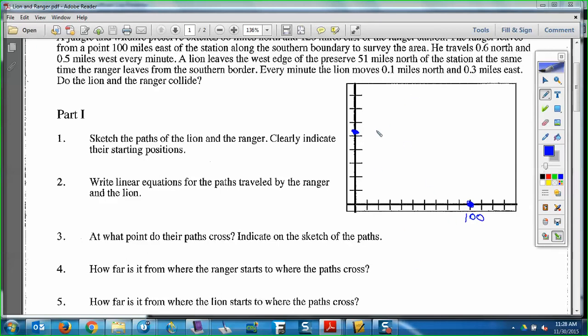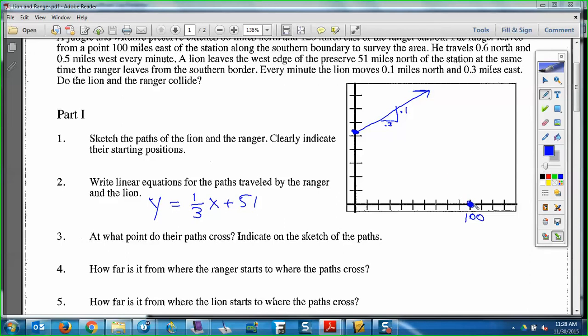Now, the Lion went 1/10 of a mile north and 0.3 miles east, so he took off kind of in this direction, right? And kind of had a slope of 0.3 this way and 0.1 that way, right? So rise over run, that would be what, 1/3? Okay, so the Lion's path would be y equals 1/3 x plus 51. Just very simply, y equals mx plus b, the slope and the y-intercept.